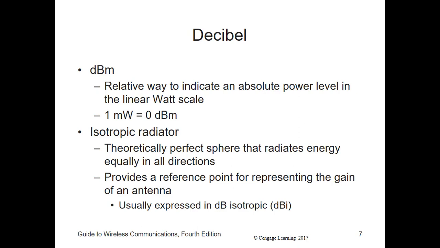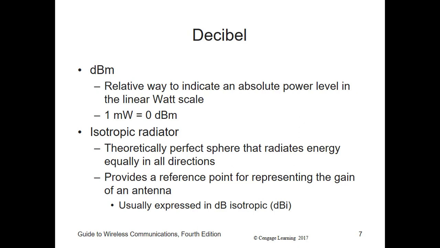You add a positive 3 dB, okay, that will double the power. So 10 milliwatts plus 3 dB is approximately 20 milliwatts. Negative 3 dB will halve the power of 10 milliwatts, so now it's down to 5.